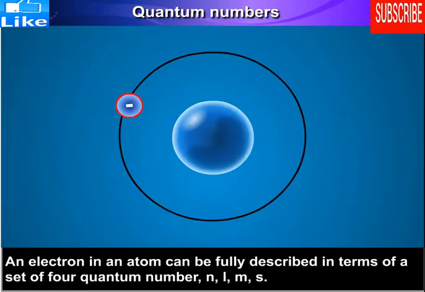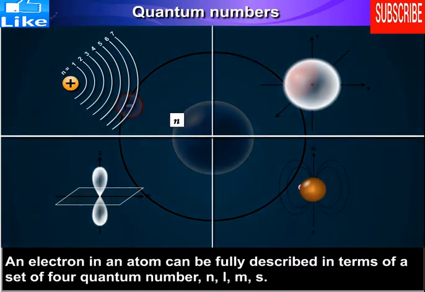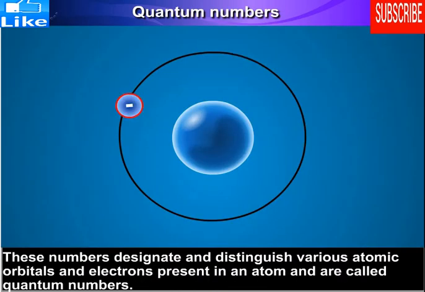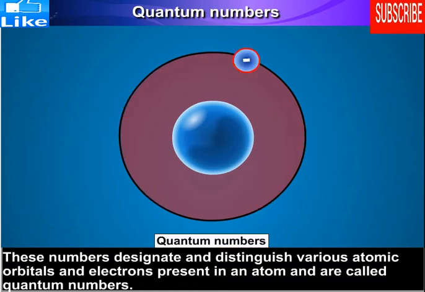An electron in an atom can be fully described in terms of a set of 4 quantum numbers, n, l, m, s. These numbers designate and distinguish various atomic orbitals and electrons present in an atom, and are called quantum numbers.